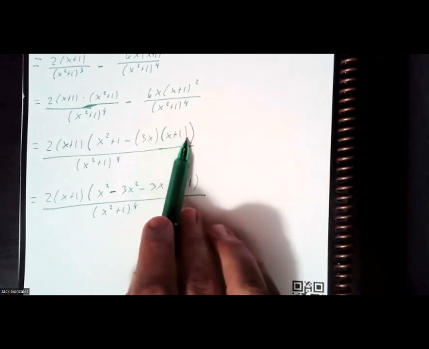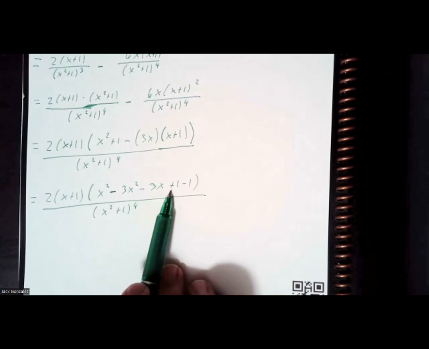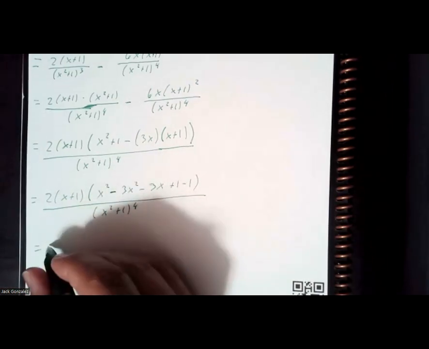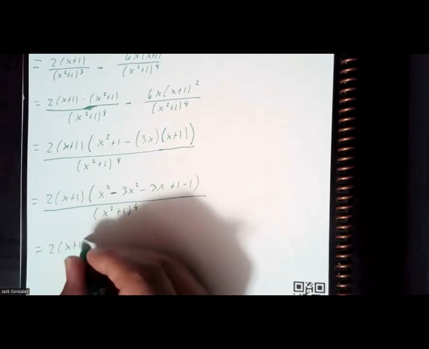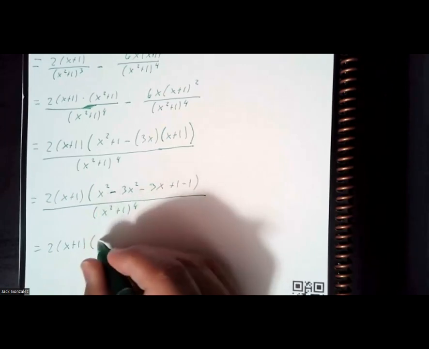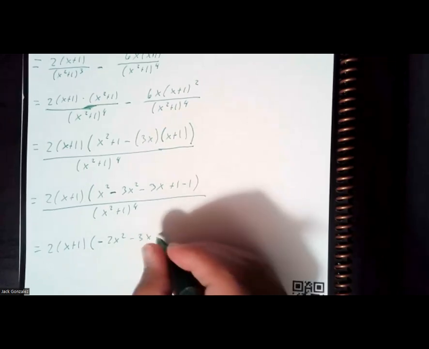So multiply this out, gets me here. Plus 1 is from that one. The x squared minus 3, that'll be negative 2x squared minus 3x.